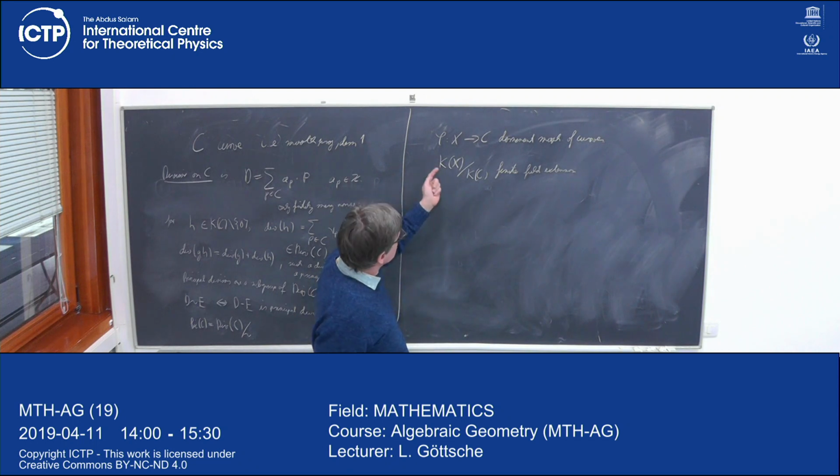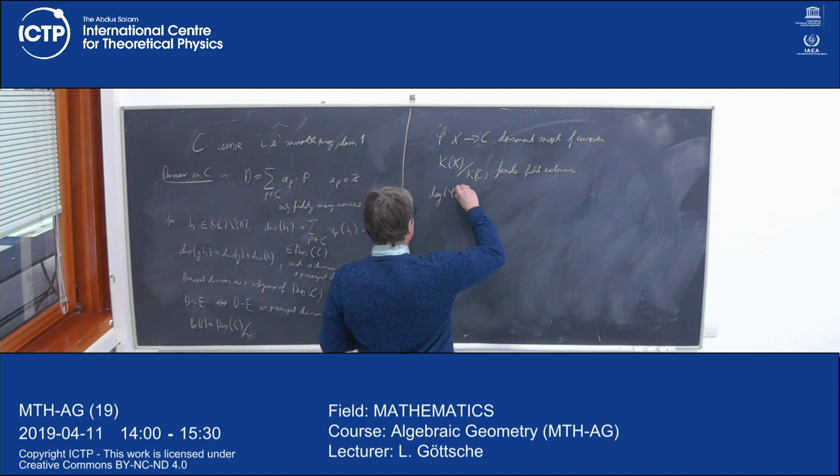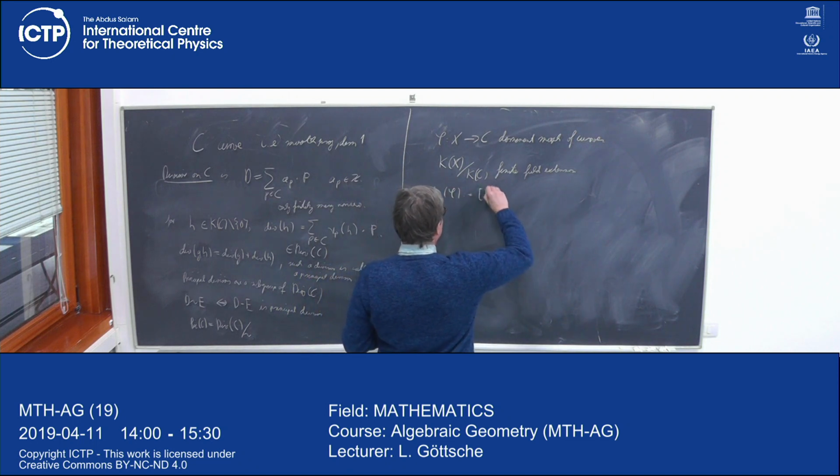So it means every element of K(X) is algebraic over K(C), and we can obtain K(X) from K(C) by adding finitely many elements, so it's a finite field extension. And so the degree of phi is defined to be the degree of this field extension.